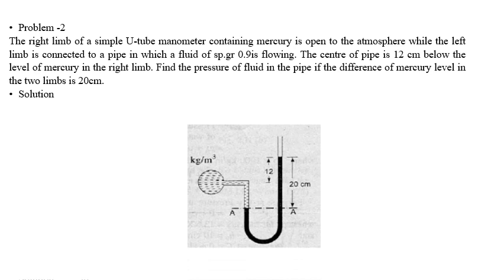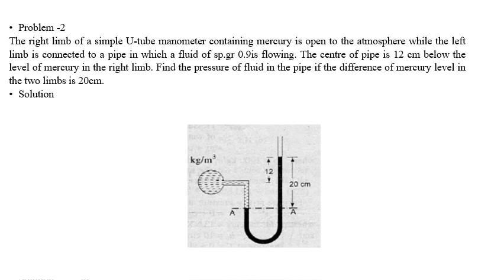Now this is a diagram connected to this numerical. This numerical is related to a simple U-tube manometer. In that, the left limb of the U-tube manometer is connected to the point where I want to measure the pressure, and the right limb is open to atmosphere.